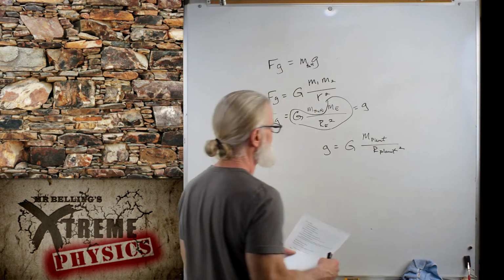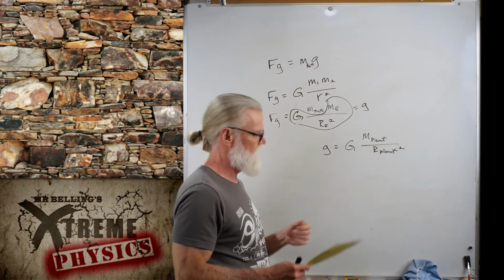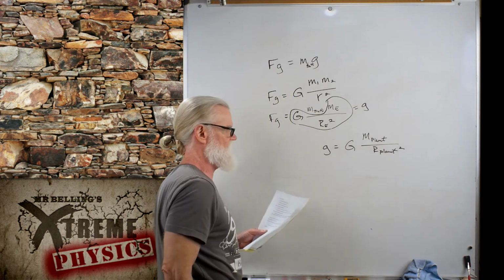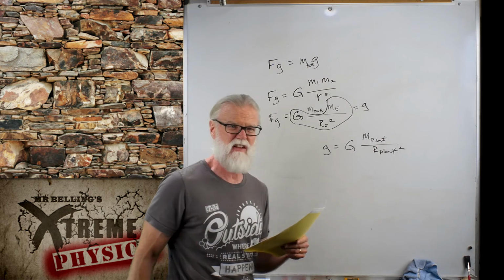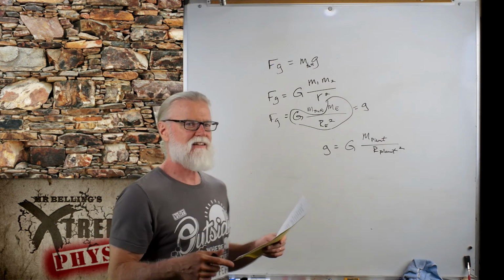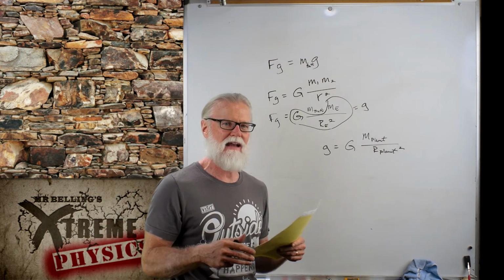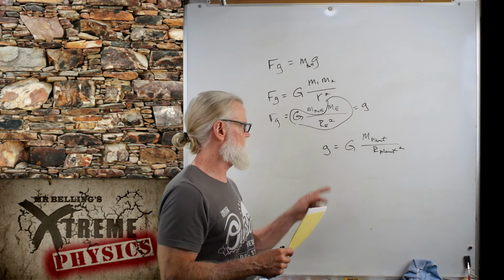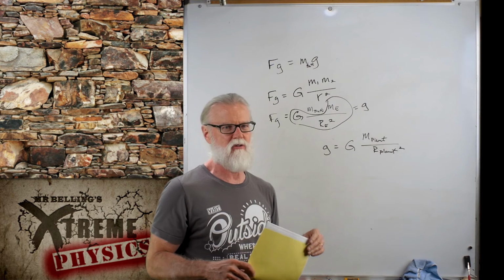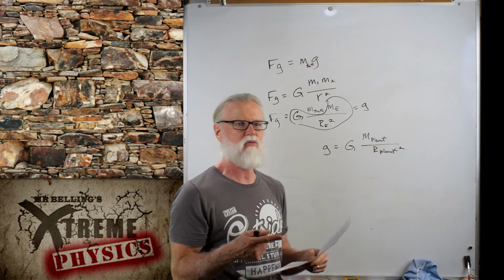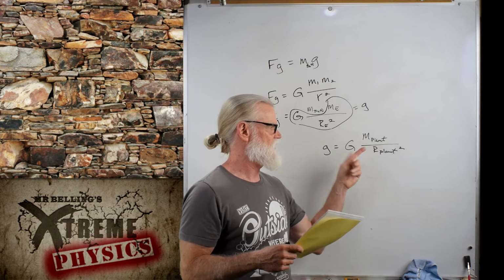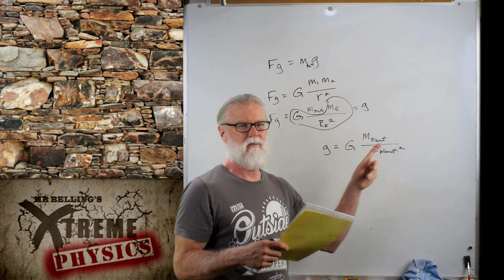All right, so that's little g, and that's called the gravitational field strength. In a non-rotating body, it's also the free fall acceleration. We saw in the unit on rotation that because the Earth is rotating, the free fall acceleration value is slightly different because of the spin of the Earth.